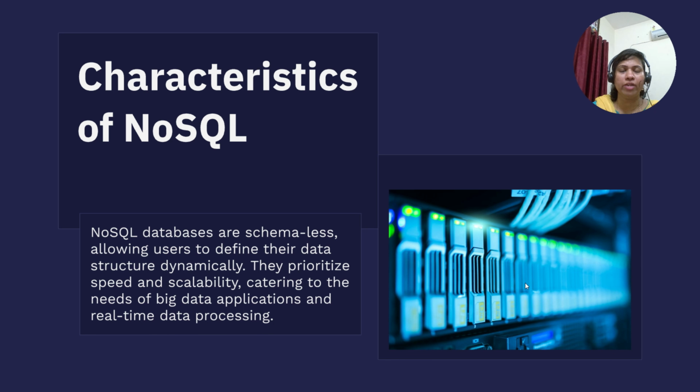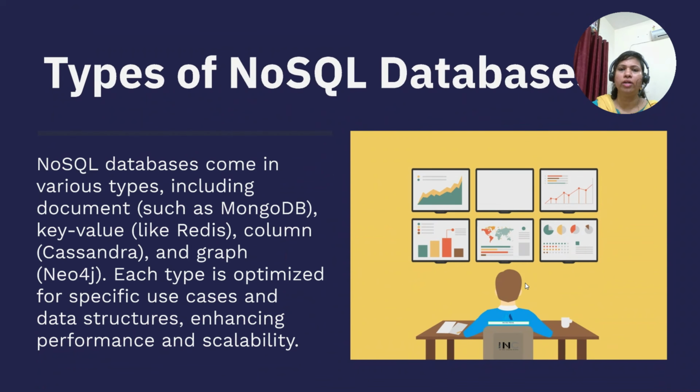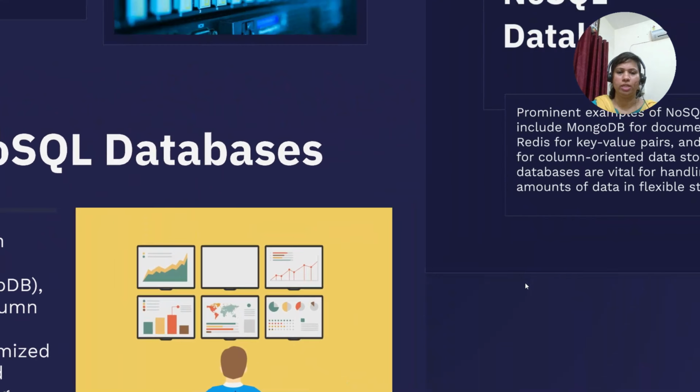It is primarily for speed and scalability, and that is what NoSQL is designed for. These are the types of NoSQL databases like MongoDB, key value pair Redis, Cassandra, Neo4j. These are the various NoSQL databases available in the industry.